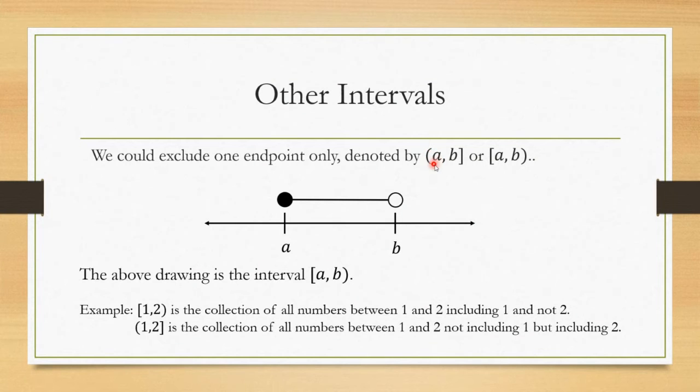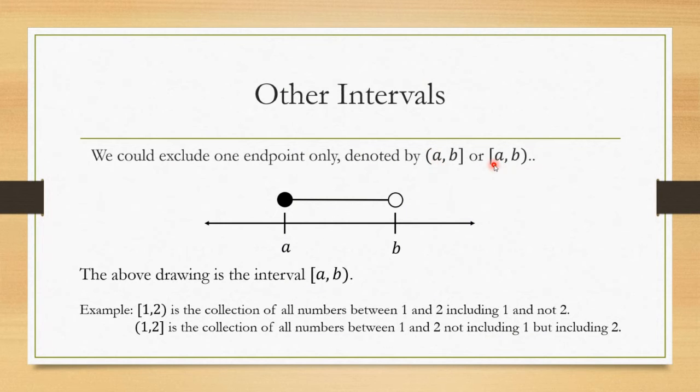And we have the square bracket, which means we include B, we include that endpoint. The parentheses like this, we exclude that point.